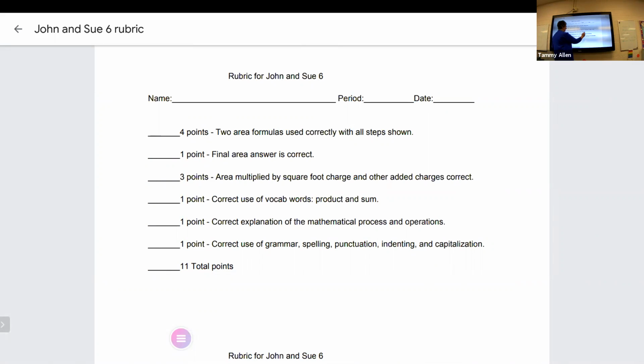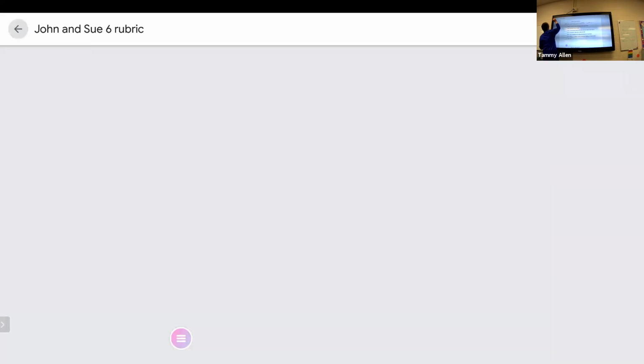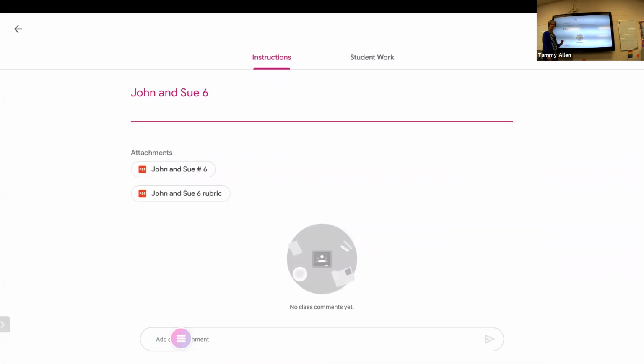Product, sum, total has to be used also. Offset operation. Okay. Any questions? All right. Good to go on that? Doing Friday? Yes?